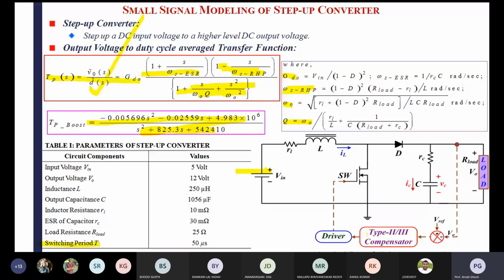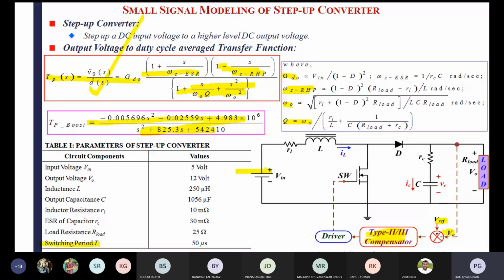After the differential amplifier, you pass the error signal to the type 3 compensator, and then the driver circuit is there. Finally the driving pulse is fed to the switch of the boost converter. Then there is the inductor value and ESR of your inductor, and the capacitor.